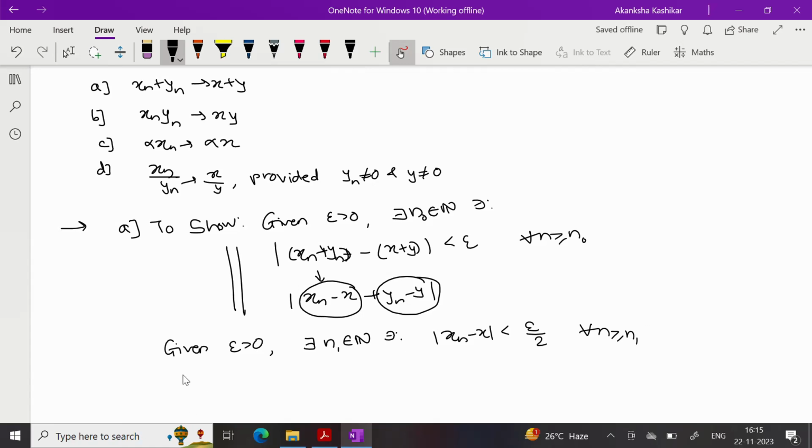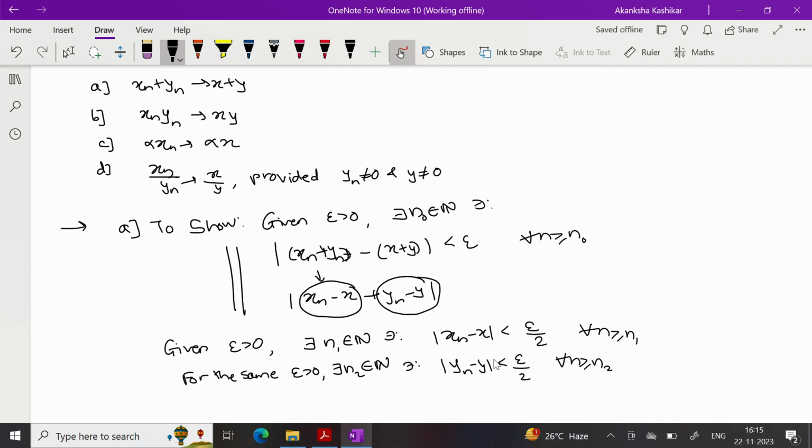With this same epsilon greater than 0, there exists n2 in n such that mod of yn minus y is less than epsilon by 2 for every n greater than or equal to n2.